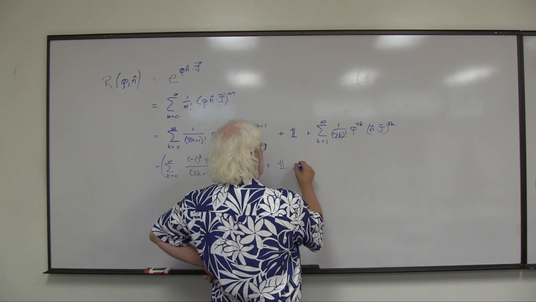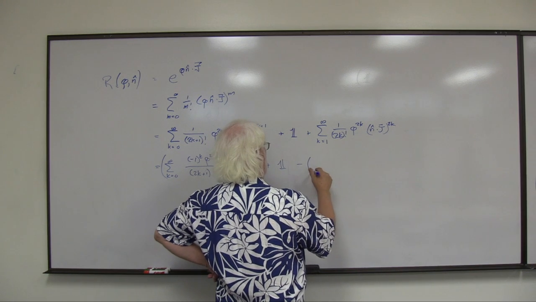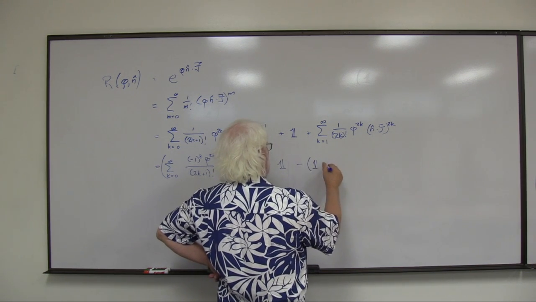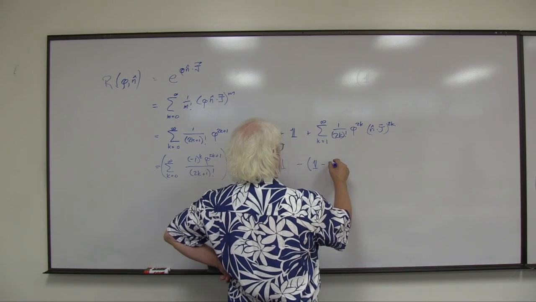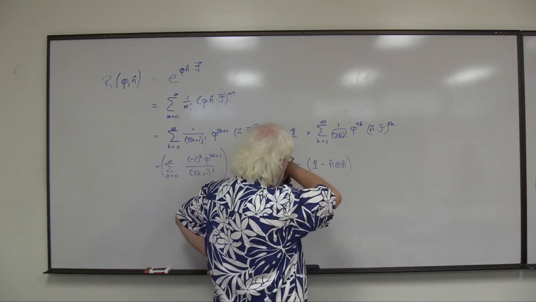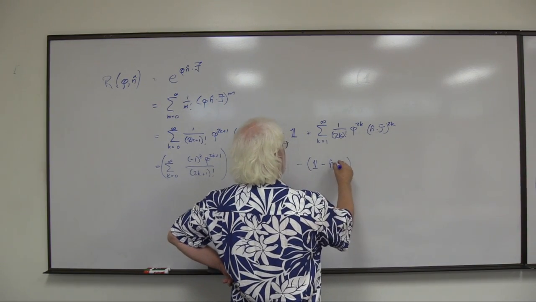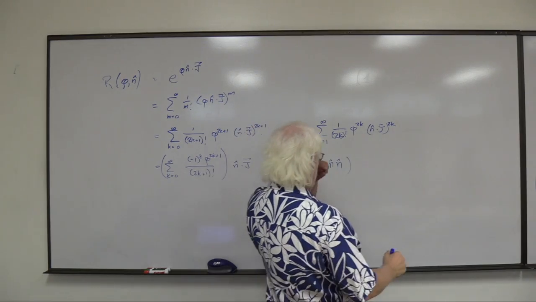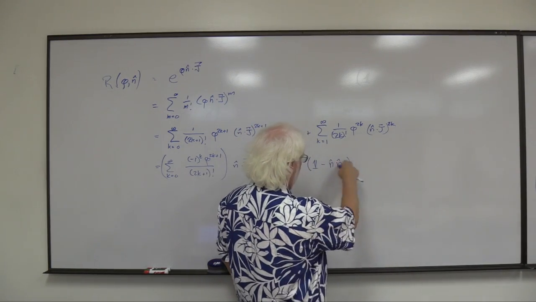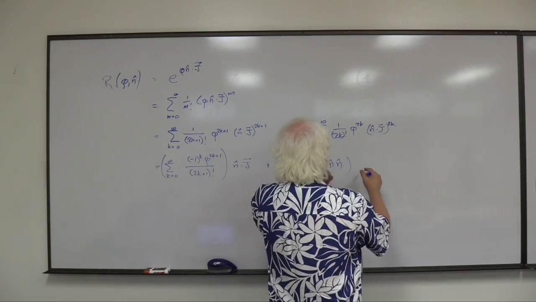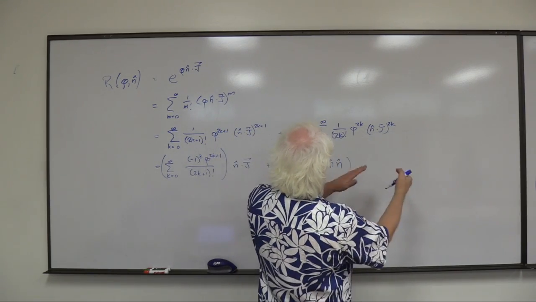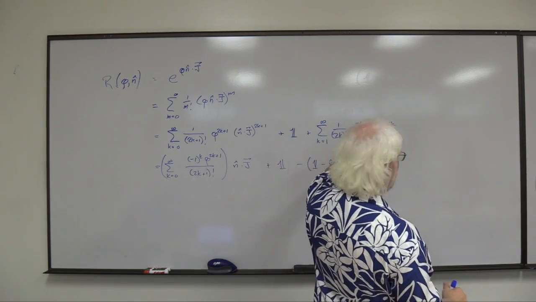So if we subtract the projection operator, 1 minus, it's basically an outer product of n with itself. Let's just use this dyadic notation. We know what that is. If you put in components, Kronecker delta and n_a n_b. So we've subtracted that. Now we can add it back in because we get it here.